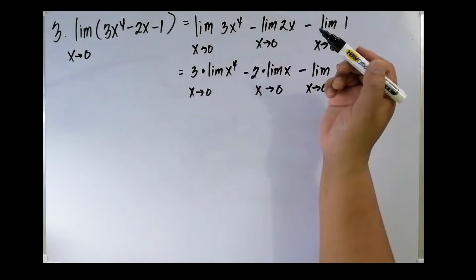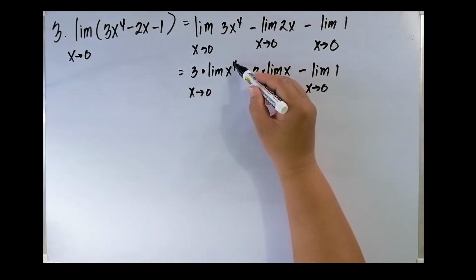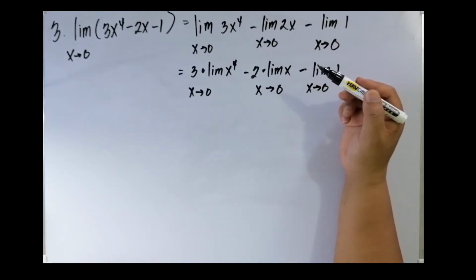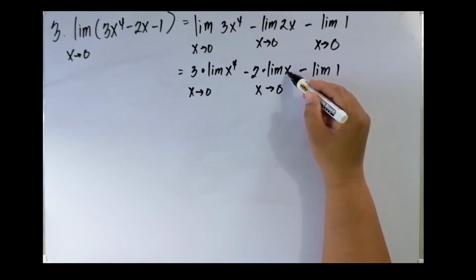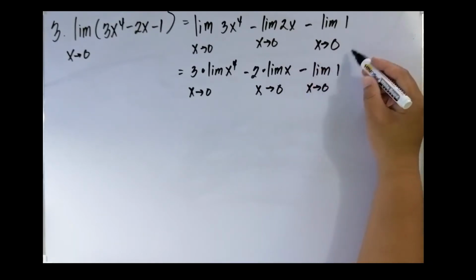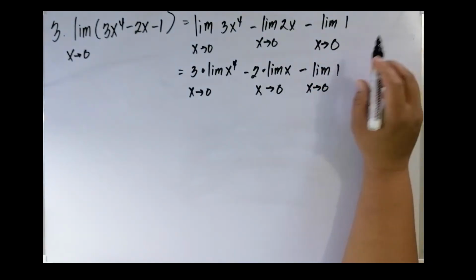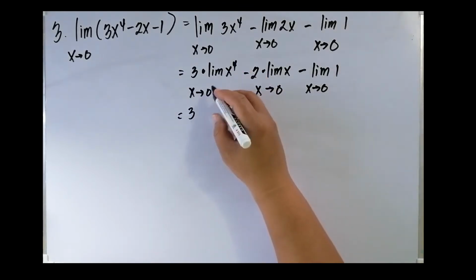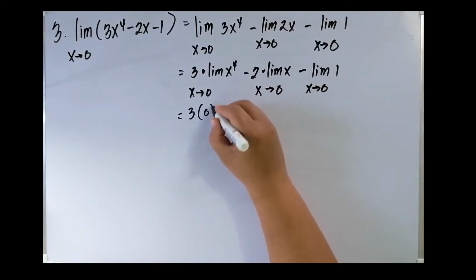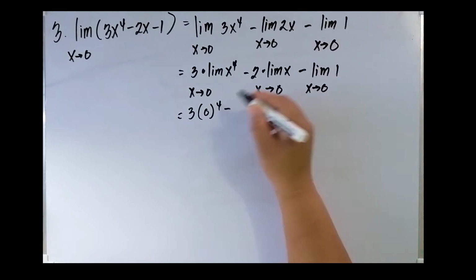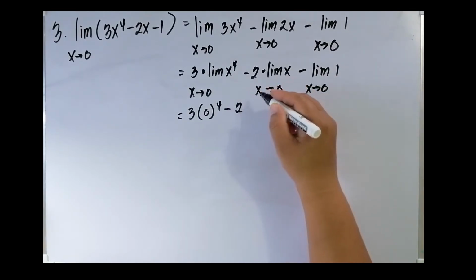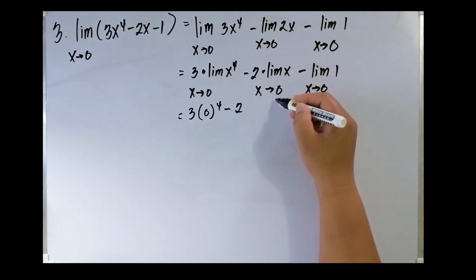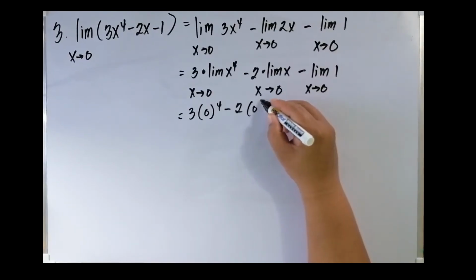So again, power theorem kasi meron tayong raised to 4 dito. And dito naman ay substitution theorem. And dito is constant theorem. So we have 3 times 0 raised to 4 minus 2 times the limit of x as x approaches 0 is simply 0.